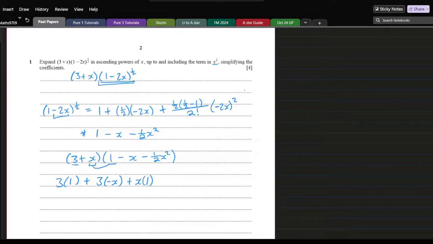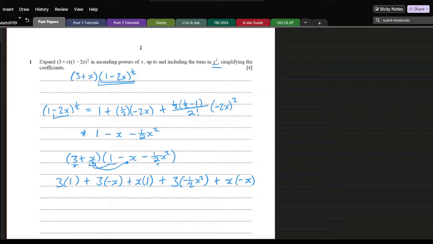And finally we have to get the term in x squared, so we can get that from 3, which is here, multiplied by the negative half x squared, so plus 3 times negative half x squared. And then we can also get it from multiplying the x that's here by the negative x, so plus x times negative x. Now we're not going to multiply this x by the negative half x squared because that gives us a term in x cubed.